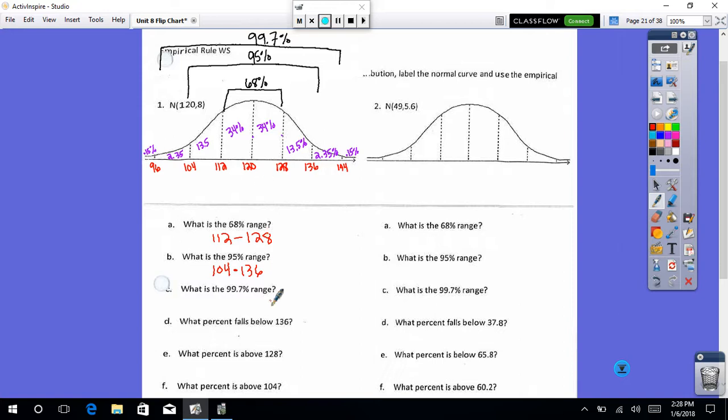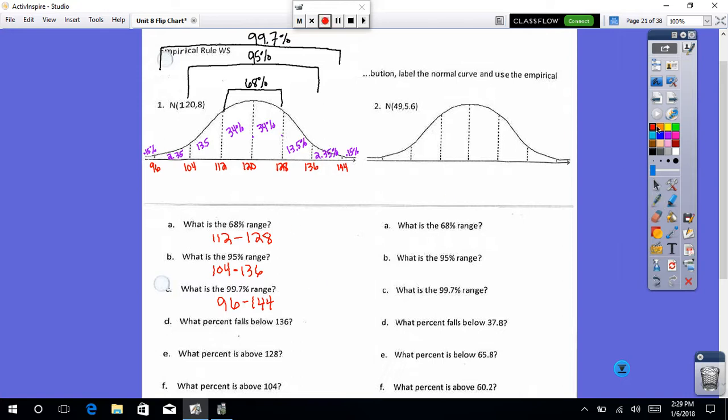One more step out, the 99.7% range is from the next steps, which is a 96 all the way up to a 144. So if I ask you, in order to be in this league, you have to be able to score between a 96 and a 144, because that's where 99.7% of our bowlers fall, that would be a true statement based on this curve right here.